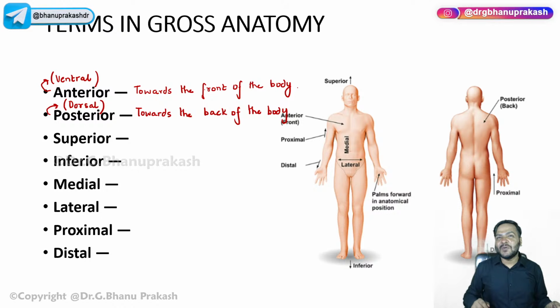Can you tell me any bone which is present posteriorly? A flat bone which is present posteriorly. Anyone would like to tell the flat bone which is present posteriorly? I'm waiting for your answers, guys, in the chat box.